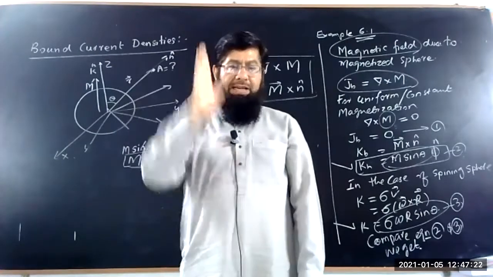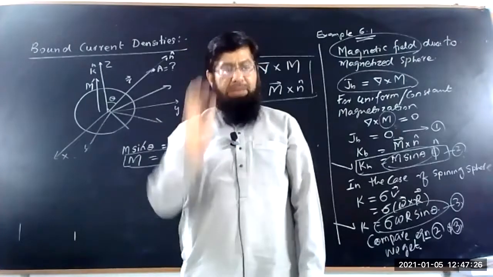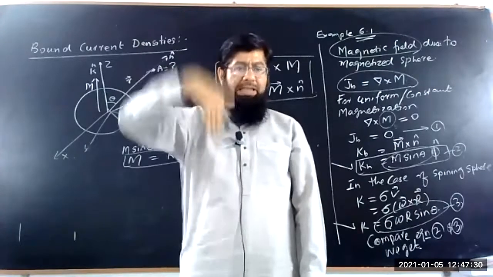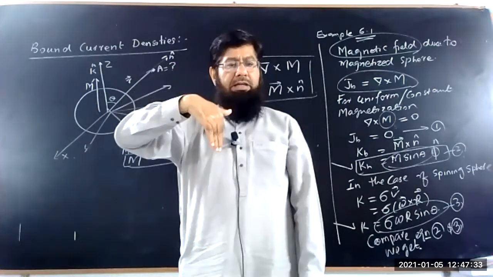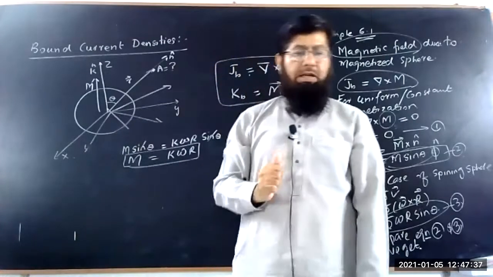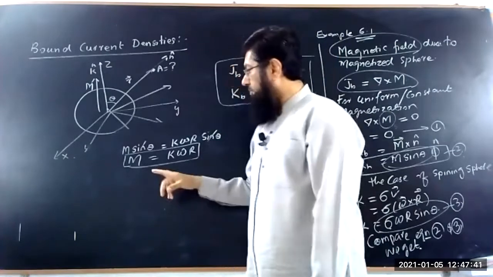If they are aligned parallel to the external magnetic field, then that material is known as a paramagnetic material. If they are aligned opposite to the external magnetic field, then such a material is a diamagnetic material. This should be clear.